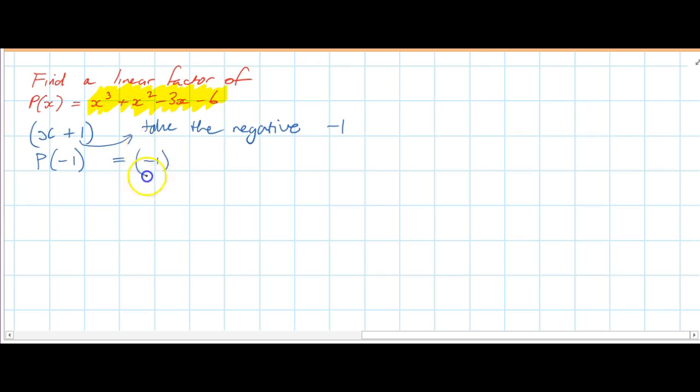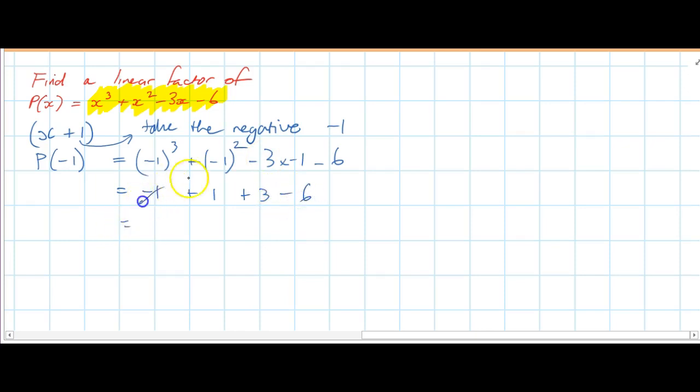So negative 1 cubed, it was cubed at the start, plus negative 1 squared, minus 3 times negative 1, minus 6. So let's work that out. Negative 1 cubed is negative 1, plus negative 1 squared is 1, minus 3 times negative 1. That's a negative minus a negative number, so that's going to be plus 3, minus 6.